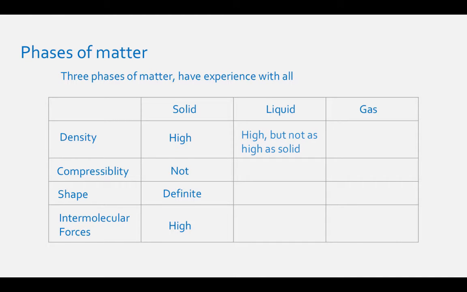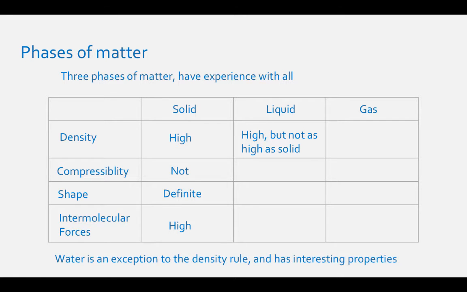Liquids also have high density, but most liquids have a lower density than solids. An exception to this is water, which causes water to have lots of interesting properties. We will discuss these properties in the intermolecular forces problem video. Liquids are not compressible.